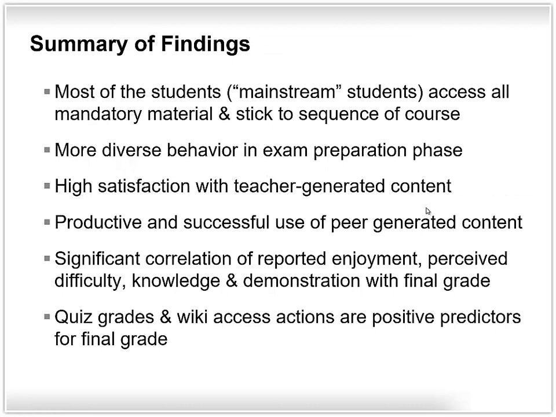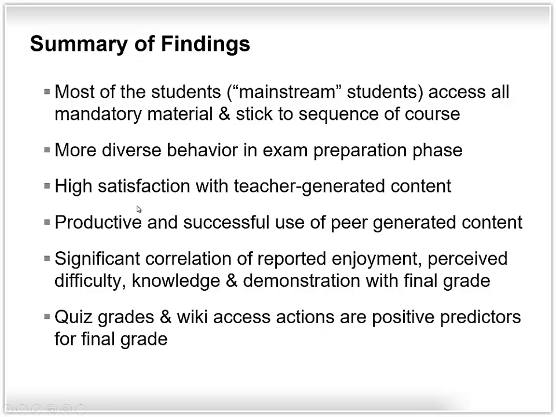In summary, we can say that most of the students access the mandatory materials, they follow the sequence of the course, and there is a higher number of students that really appears in this mainstreaming group. We found more diverse behavior, more diverse interrelations between student groups and resource clusters in the exam preparation phase.